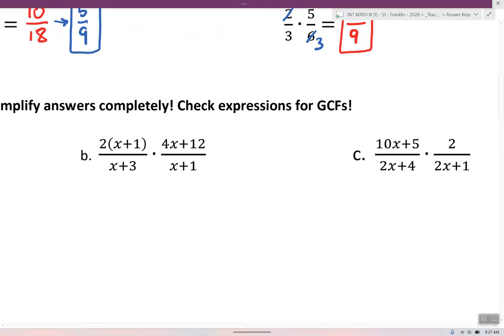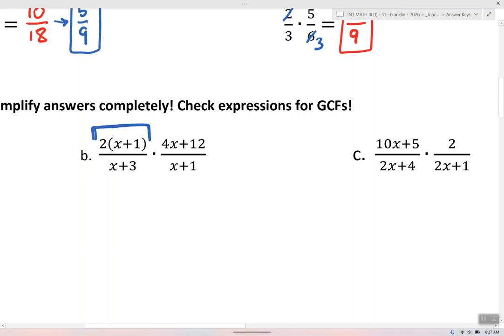All right, example B. Now, this polynomial here, this binomial, has been factored, 2 times x plus 1, which was nice because now I can see that x plus 1 will cancel out with the x plus 1 down here. And if I factor this 4x plus 12, I can take a 4 out.